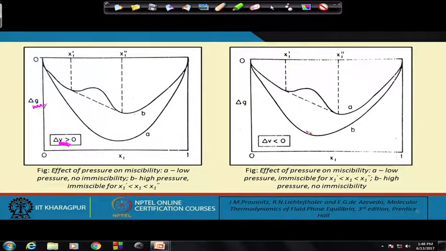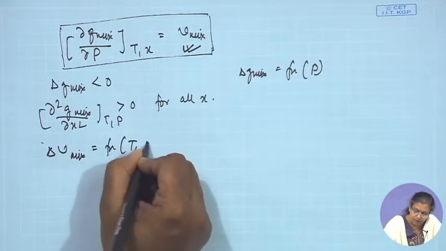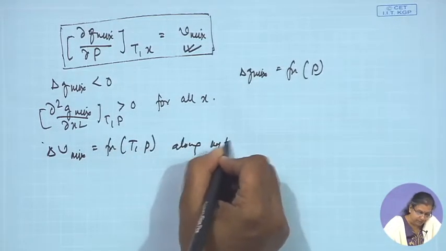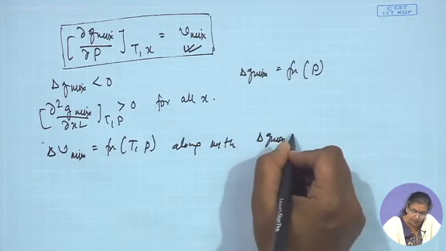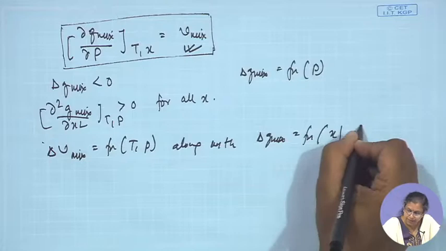So, from such simple variations we can very well understand the qualitative effect of pressure on phase stability of a binary liquid mixture. It depends upon the magnitude as well as the sign of the volume change of mixing. And therefore, if we really want to perform quantitative calculations at some fixed temperature, we need information on the variation of delta V mixture with X, along with delta G mixture as a function of X at a single pressure.